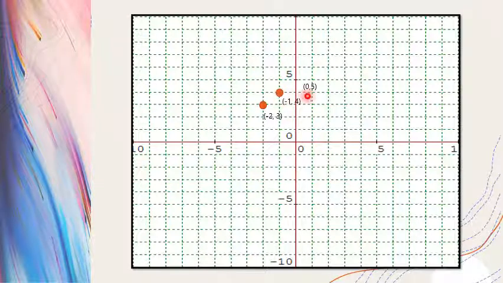0 and 5. So if x is 0, it means 5 is the y-intercept. So let's count 1, 2, 3, 4, 5. So that's the point, and we have 1 and 6. So this is positive 1 and also the positive 6 here.